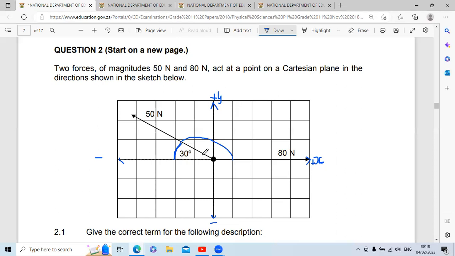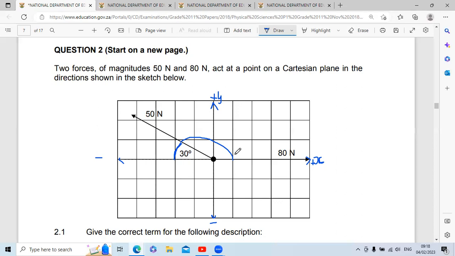If you want, you can use your 30 degrees, but that's not going to give you the sine of the x or y component.